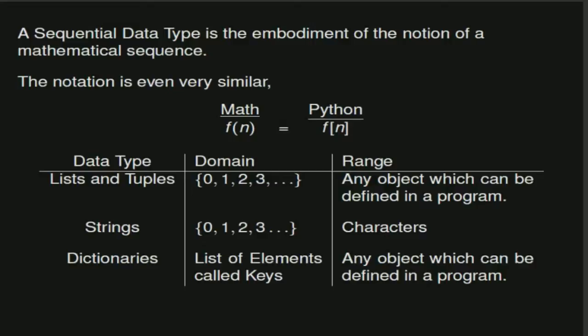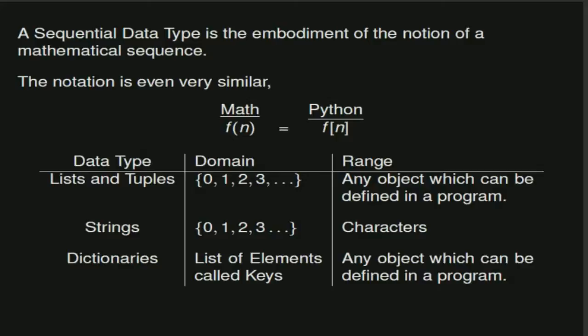Now, when it comes to our data types, for our lists and tuples, we've got a domain, again, of the positive integers starting at and including 0. The range of that can be any object which can be defined in a program. We'll see how that goes.